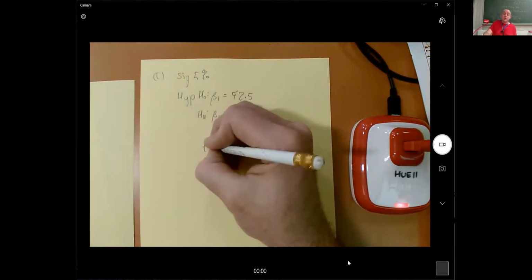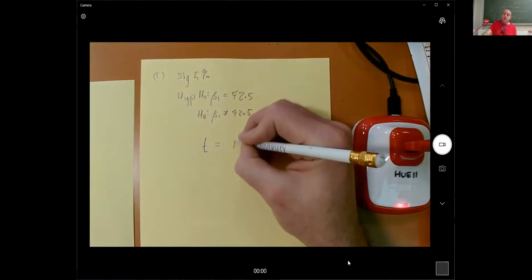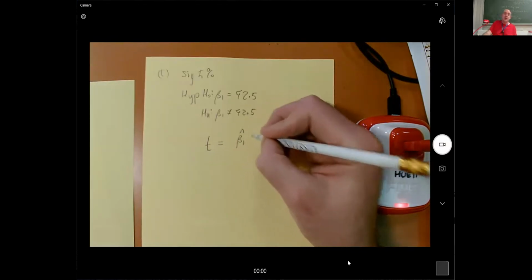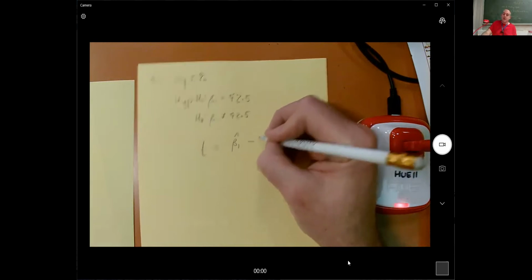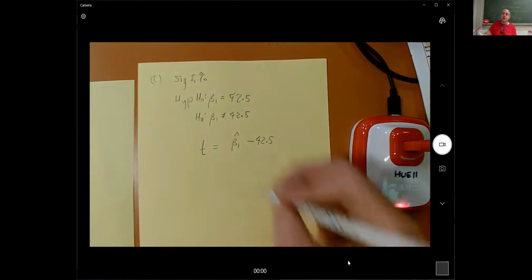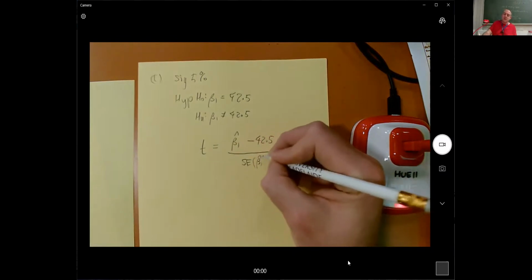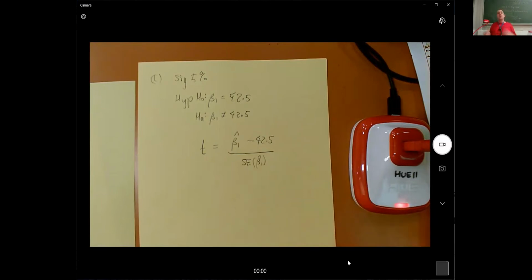And this is a t-test as well, because the answer comes out to a t. So what our good friends in the 1890s to 1930s discovered was this: if you take the beta 1 hat and take off the null hypothesis value of beta 1, and divide by the standard error of the beta 1 hat, then it should be a t distribution.